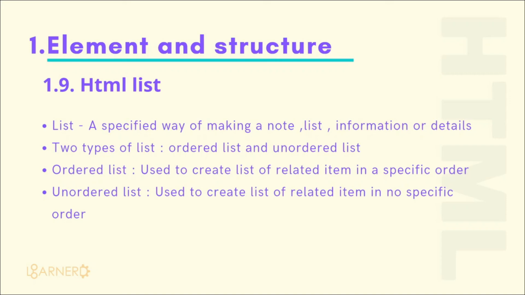An unordered list is used to create a list of related items in no specific order, so it will be noted down in terms of bullets or some mark. Let's check it out on our browser, how it looks and how to write the ordered list and unordered list.